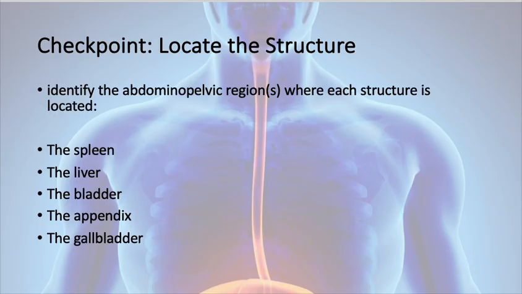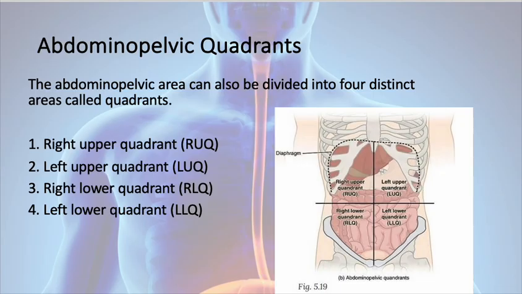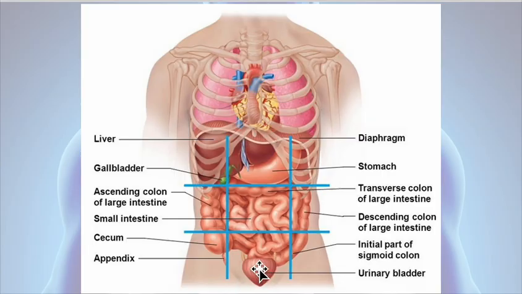Okay, so checkpoint: identifying the abdominopelvic region where each structure is located. The spleen, the liver, the bladder, appendix, and gallbladder. So I'm going to come back to this image. Here we can see the bladder is located here, and if you said hypogastric region, you would be correct.